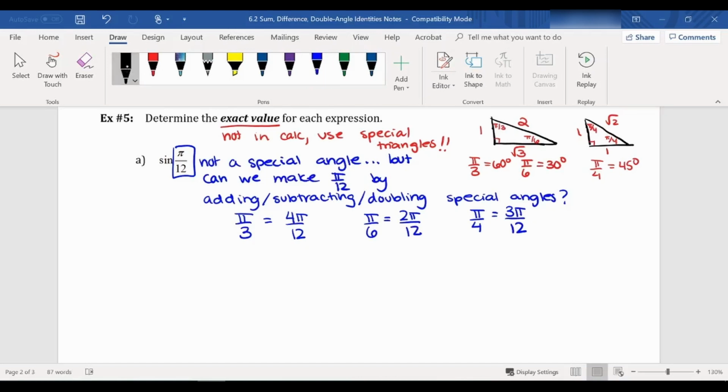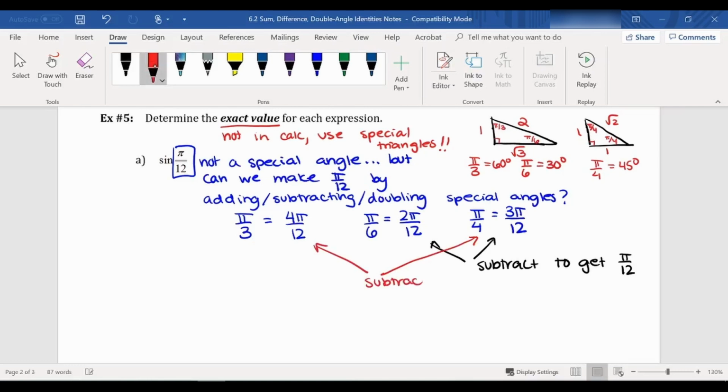Okay. So I can either subtract these two, or I could subtract these two. Because 4 pi over 12 minus 3 pi over 12 would give me pi over 12, or 3 pi over 12 minus 2 pi over 12 would give me pi over 12.